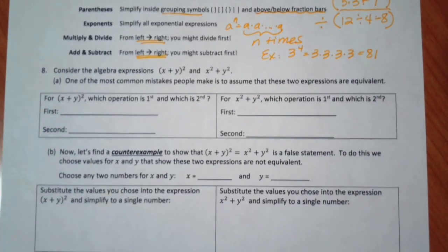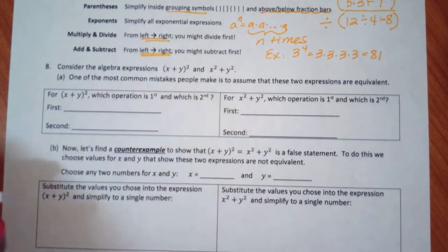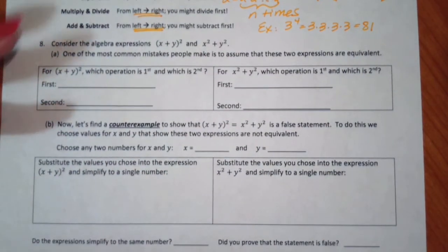Now, one of the hardest expressions when I teach algebra is to impress upon students that these two things are not the same. And one of the ways I do it is I try to show them that they are not the same by providing a counterexample. And the difference is the order of operations.